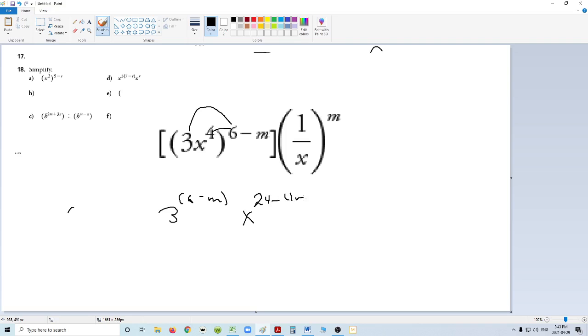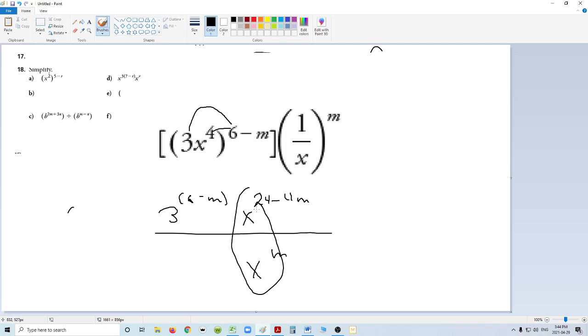So that's one way of doing it. I've now resolved this entire thing. And it's essentially being divided by x to the m, so this whole thing over x to the m.